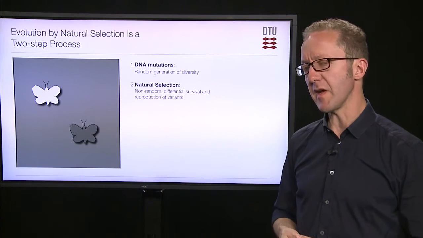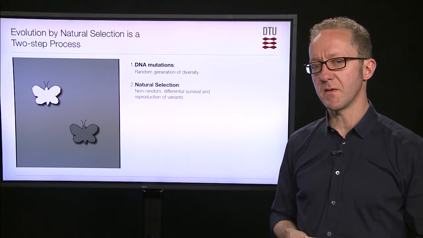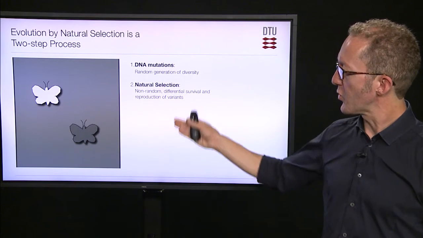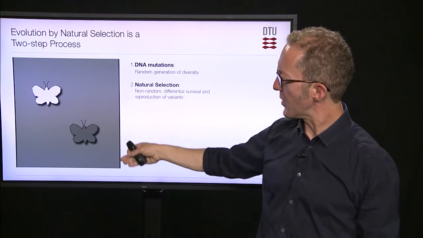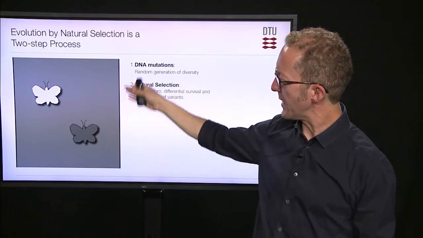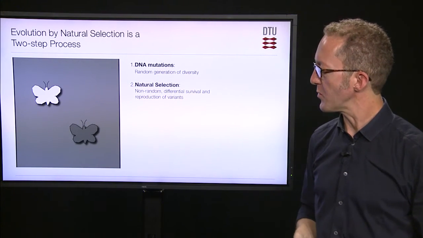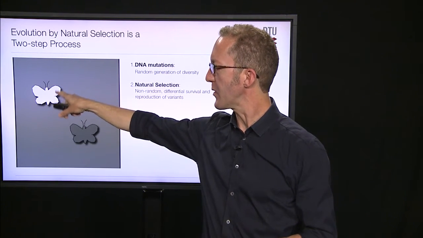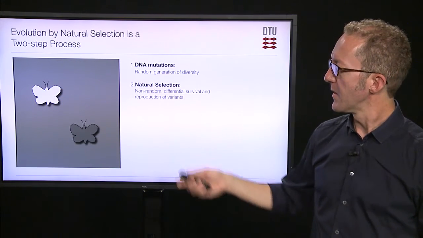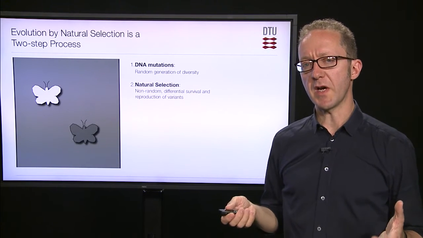So let's take an example to make that idea completely clear. Imagine, for instance, that you have a population of butterflies living on the bark of some tree that I've indicated in this cartoon. Let's say that the butterflies have white wings, like the one I've shown up here. These butterflies are food items for birds.